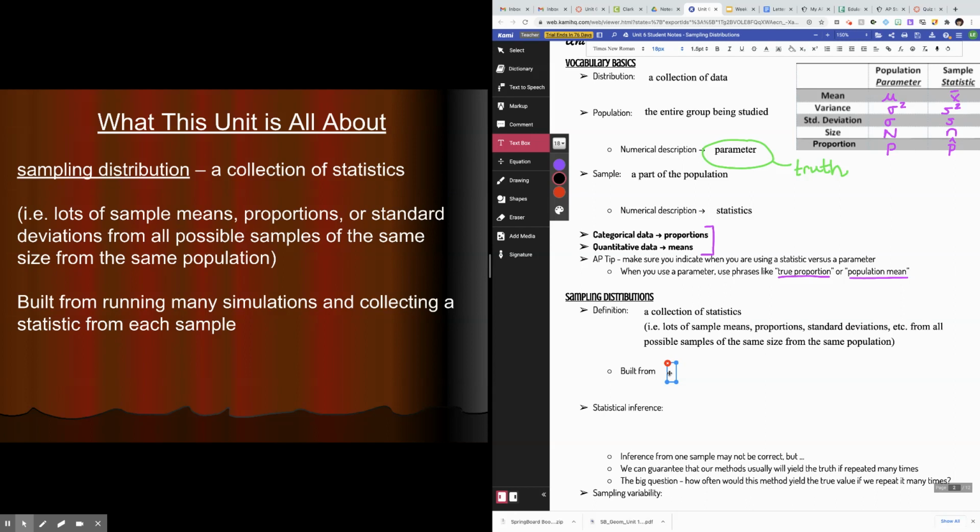So they're built from running many simulations and collecting a statistic from each sample, whether that be a mean, a proportion, a standard deviation, a variance. In this unit, and really for most of the rest of the semester, we're mostly going to be focusing on means and proportions.